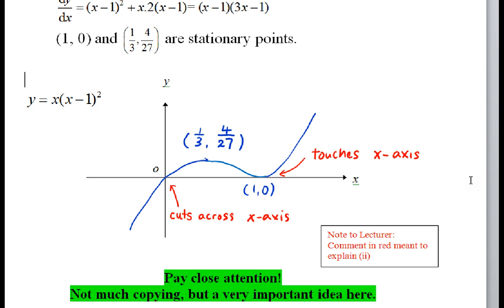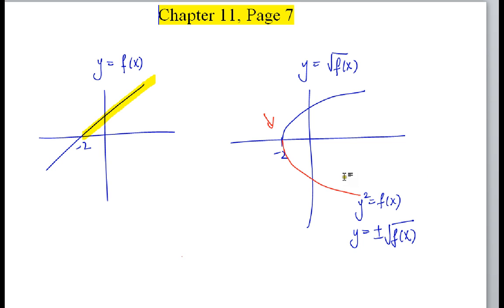If you don't recall why this gives us a vertical tangent, can you shake your head? Don't recall. Okay, never mind, it's okay. We can do it all over again.